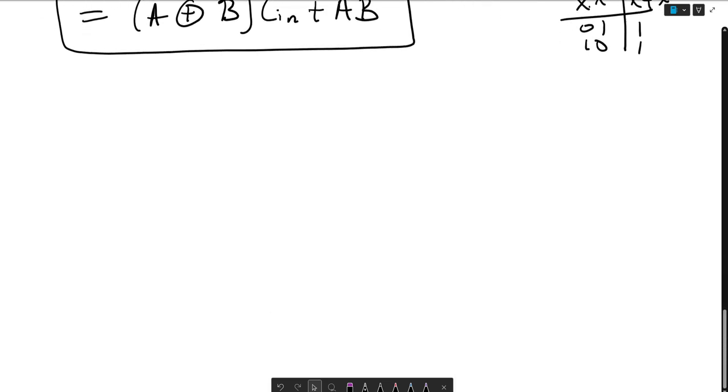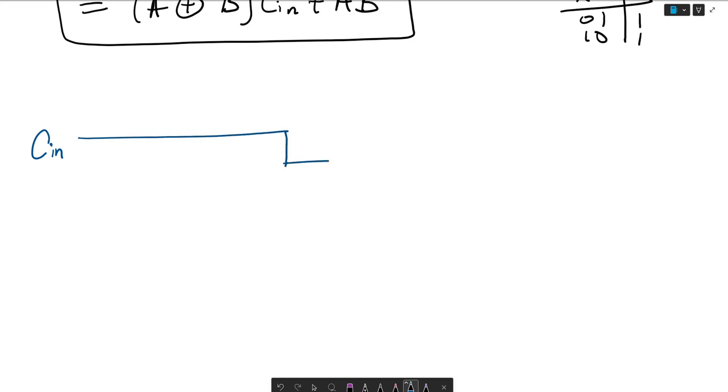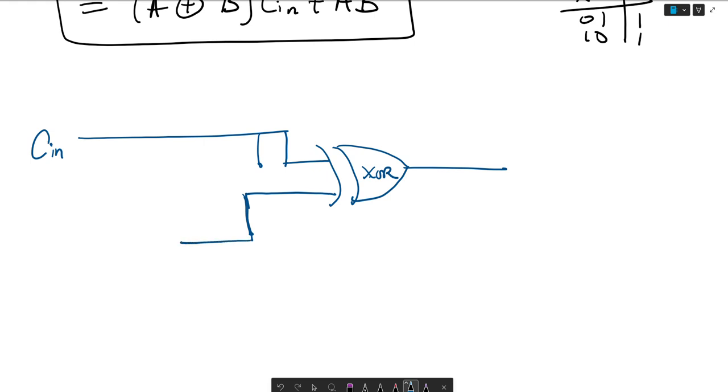So for a full adder, the full circuit will look something like this. If we have Cn, we're going to pass this through an XNOR. Just bear with me. So we have this kind of going backwards. So let me do A, B. This goes here. This goes here, here. This is XORed.